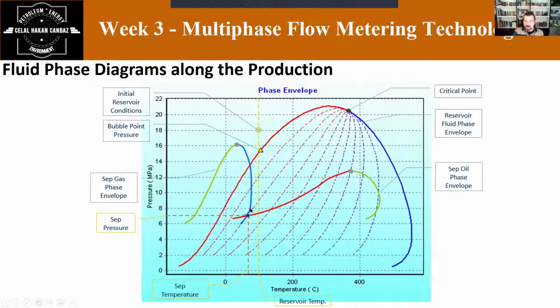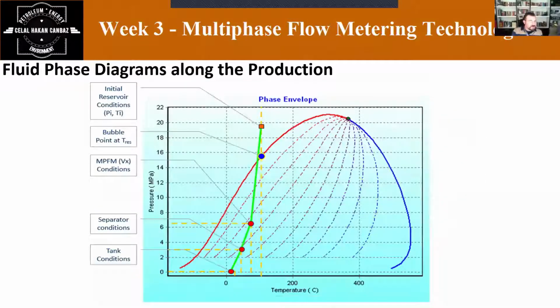So according to your composition, your phase diagram changed directly. When we compare to this main phase envelope, which includes the composition in your reservoir, in your wellbore also nearly the same composition, according to this phase envelope we have to describe some certain points.